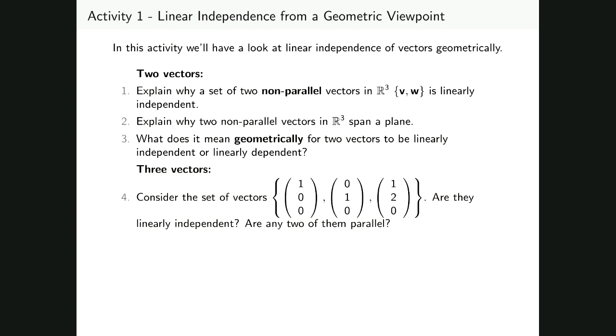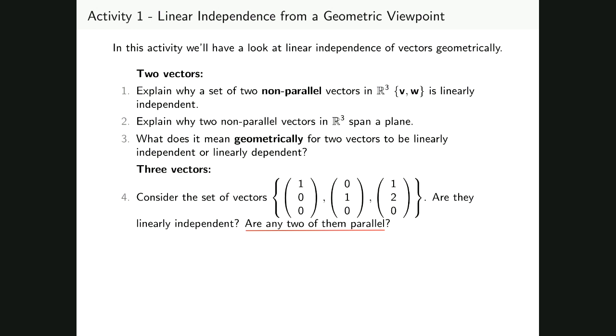Now we're going to look at what happens with three vectors. And the three-vector situation is a little bit more subtle than the two-vector situation. So I'm going to answer the second part of the question first. Are any two of them parallel?